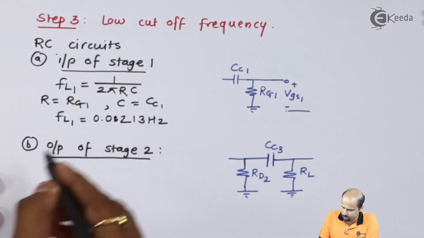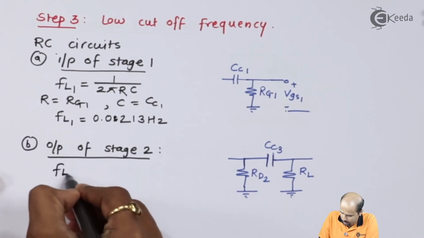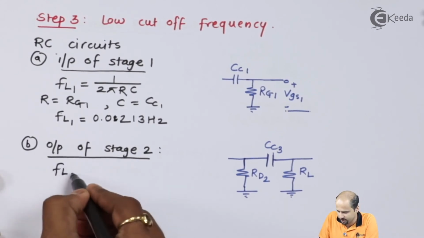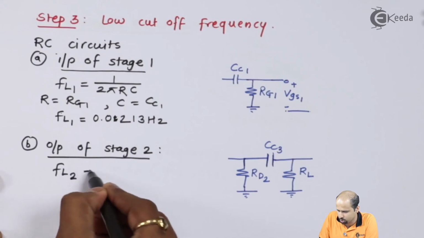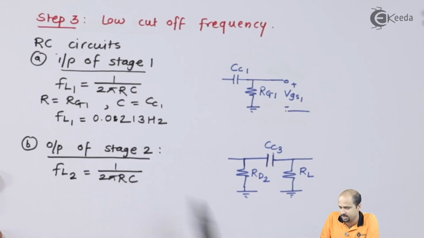So let's move to the next part of the AC circuit, that is RD2, RL and CC3, that is nothing but the output of stage number 2. So similarly as that of your input of stage 1, we'll calculate the value of FL2, that is 1 upon 2 pi RC under consideration of R is equal to RD2 plus RL.